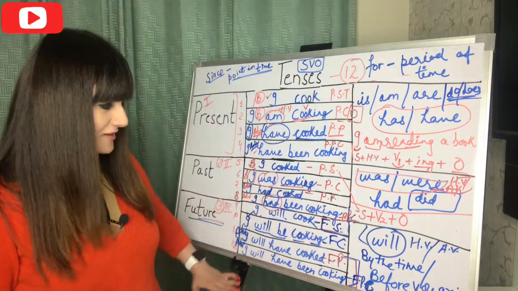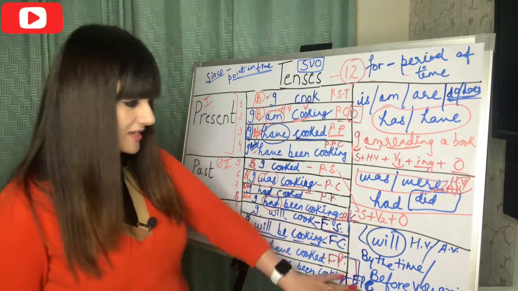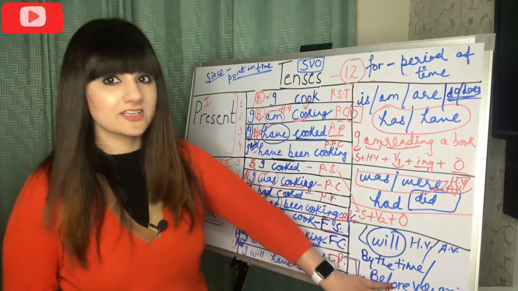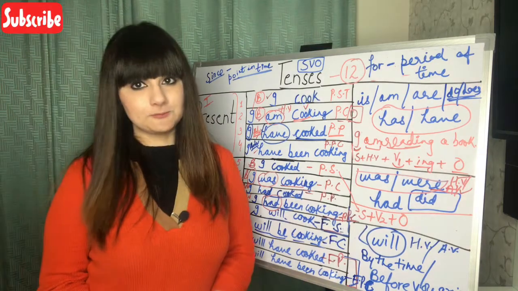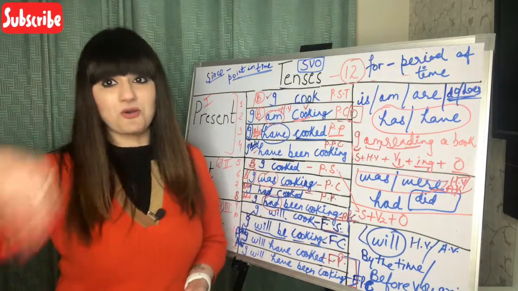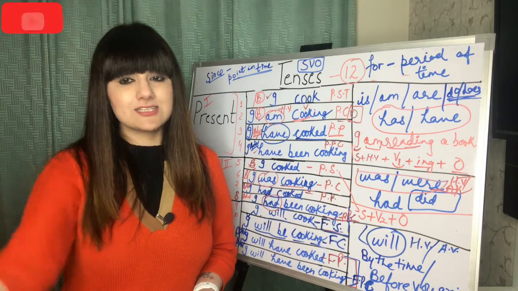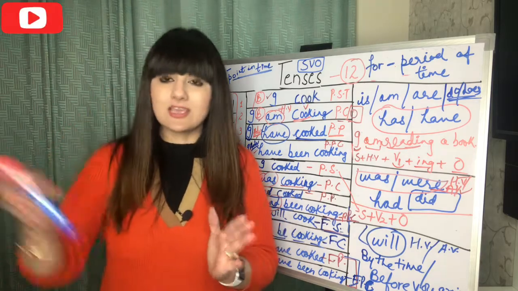Now moving forward to the next one, the last one, the future perfect continuous tense. I will have been cooking. Now, talking about the future thing again.